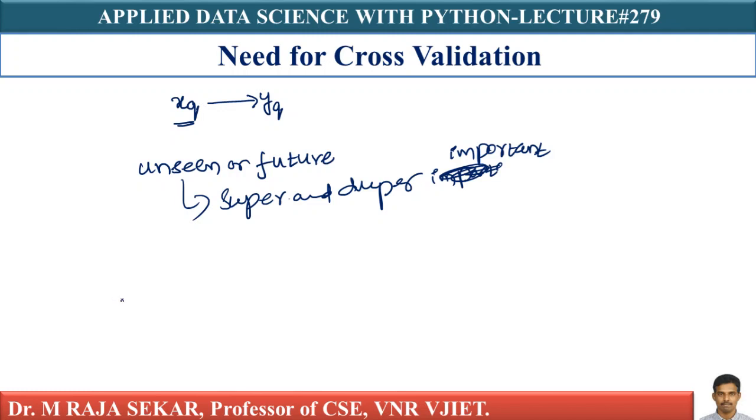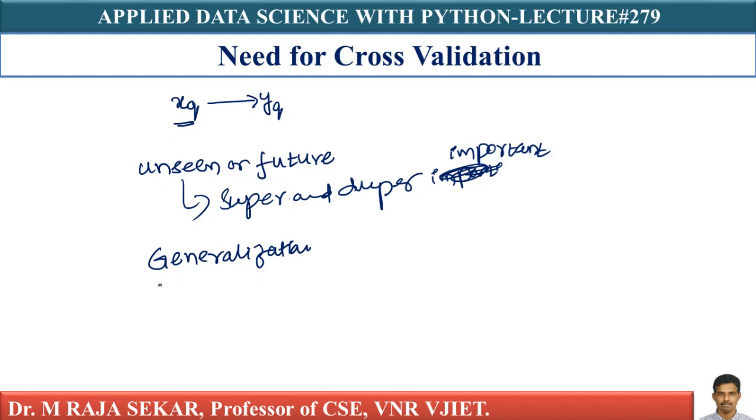When an algorithm does very well on future unseen points, it's called generalization. This concept is important. What is generalization? Generalization means the algorithm must work on future and unseen points. If it works on future and unseen points, then I can say this algorithm is generalized.